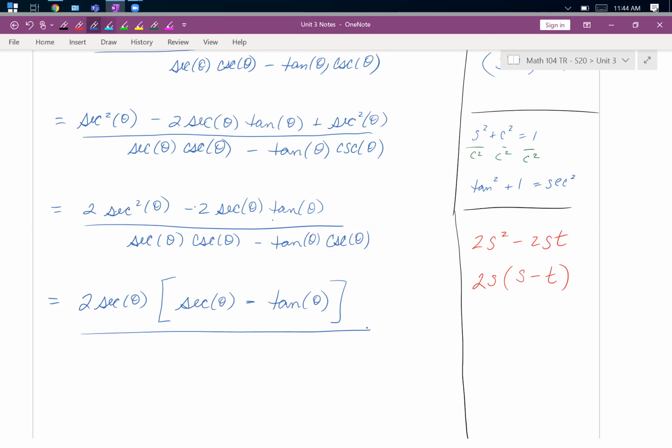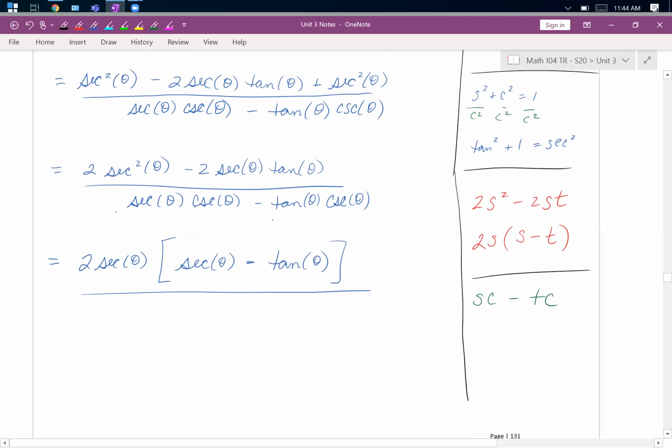And then in the denominator, we want to try to factor that as well. And it can be helpful, like I did with the previous one, to strip it down on the side. We've got SC minus TC. Can we do anything to factor that? We can factor out a cosecant.